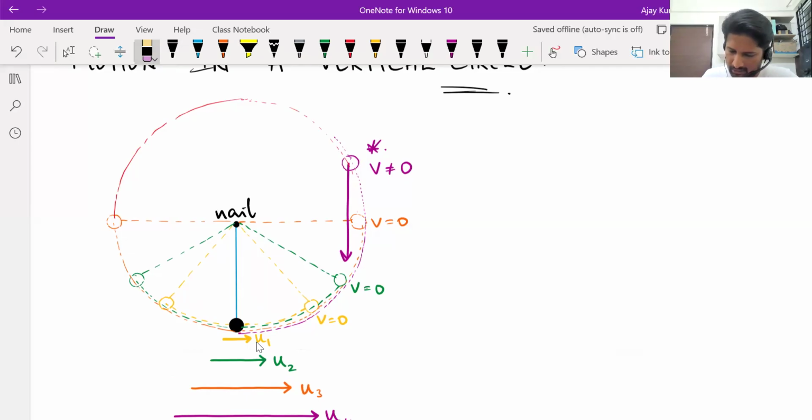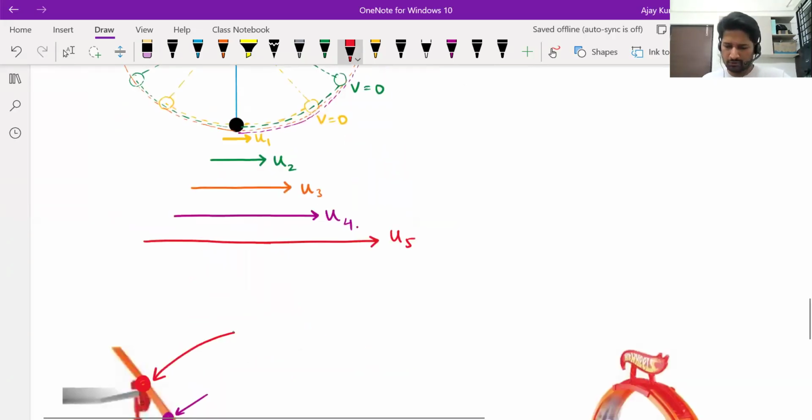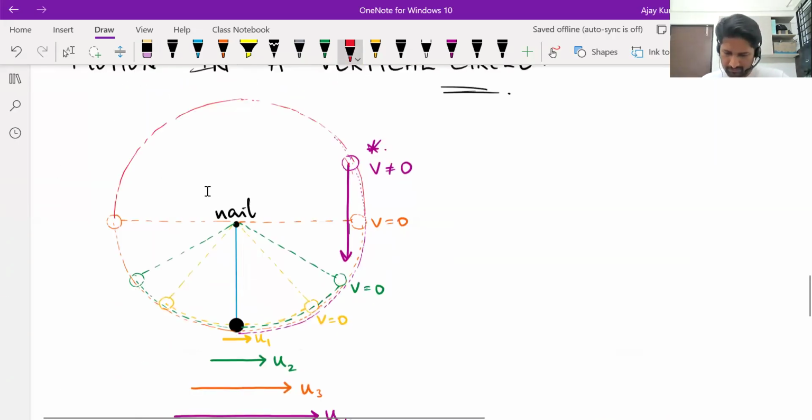very important derivation. You all only have to do it actually. Just a moment. So from the bottommost position, let me copy this.